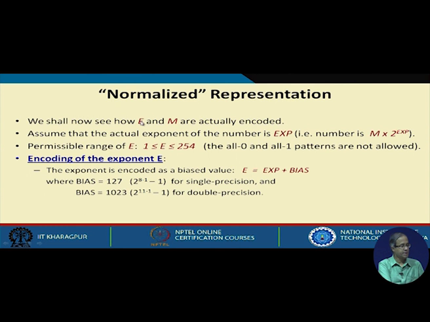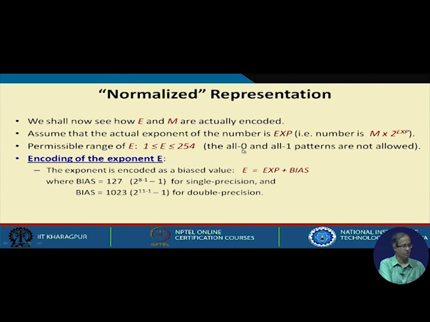Now, the value of e can range from 1 up to 254. It is an 8 bit number. In 8 bits, for an unsigned number the range is 0 up to 255, but here we are saying 1 up to 254, which means we are leaving out 0 and 255. So, the all 0 and all 1 patterns are left out, they are not allowed.